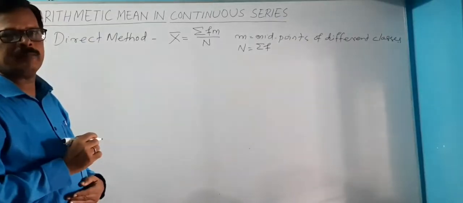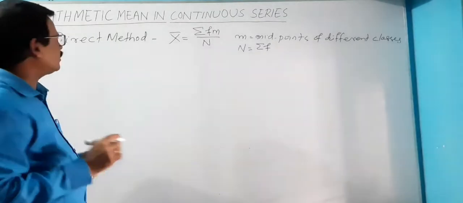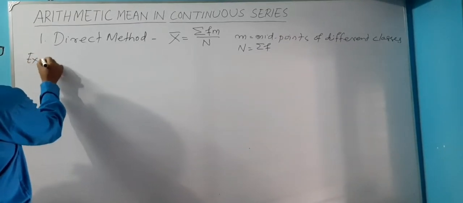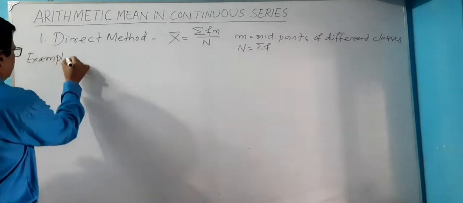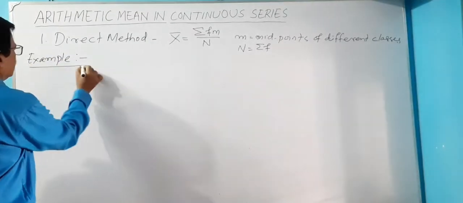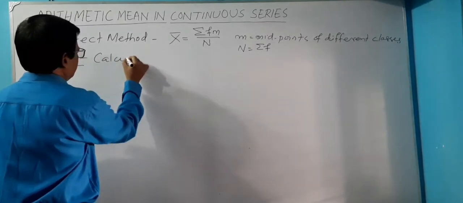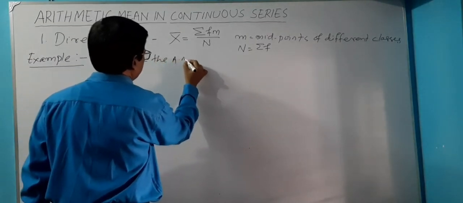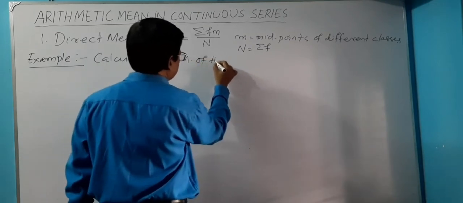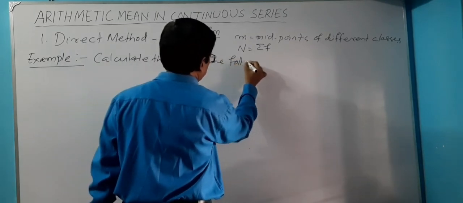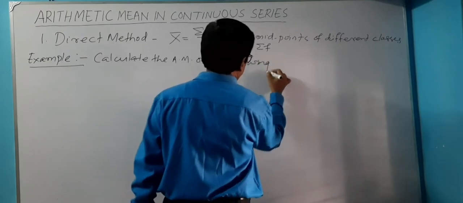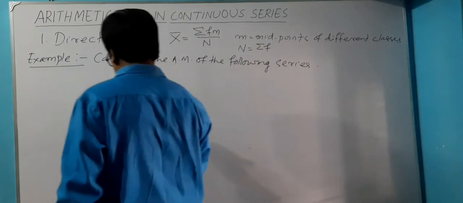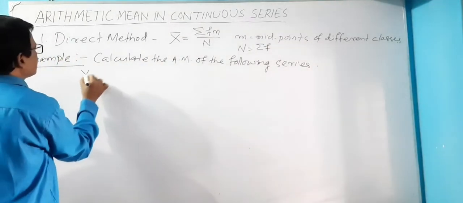How to calculate arithmetic mean through direct method in continuous series. Let us take an example. Calculate the arithmetic mean of the following series. X values and f values are given like this.